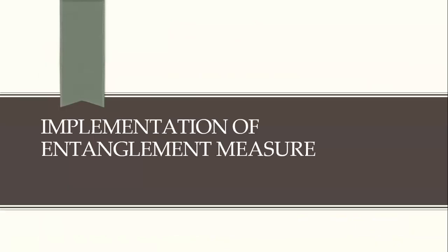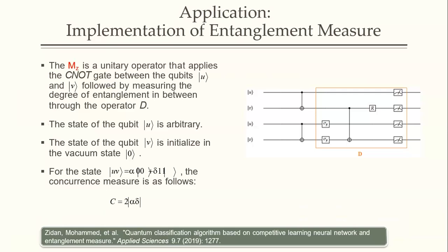Then CQ applications, implementation of entanglement measure. This is the implementation of entanglement measure, which is referred from Zaid Muhammad et al., Quantum classification algorithm based on competitive learning neural network and entanglement measure.